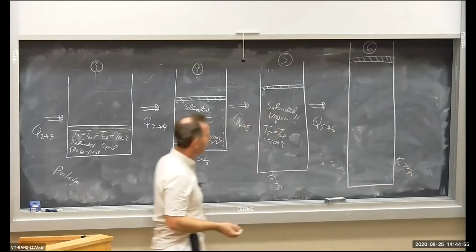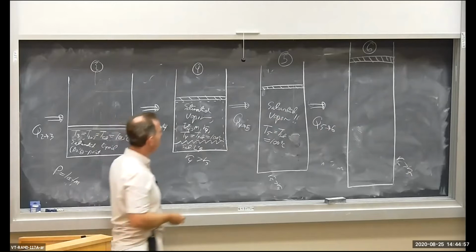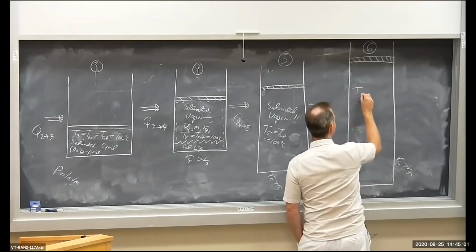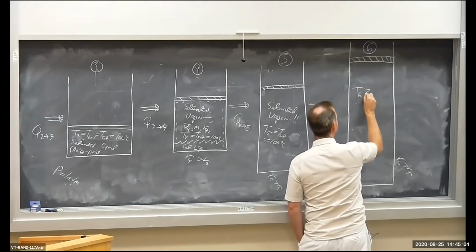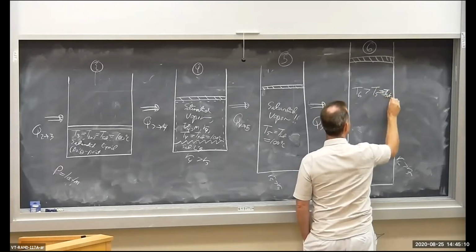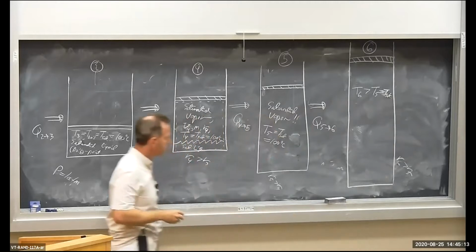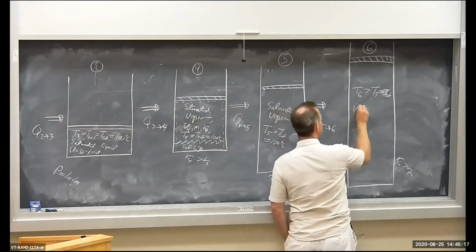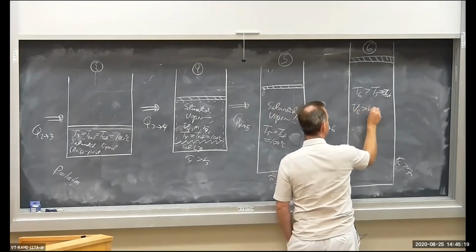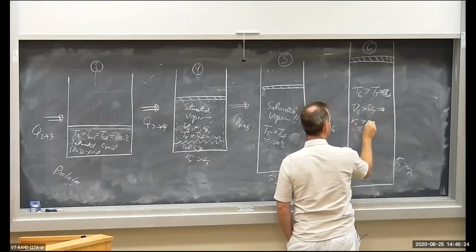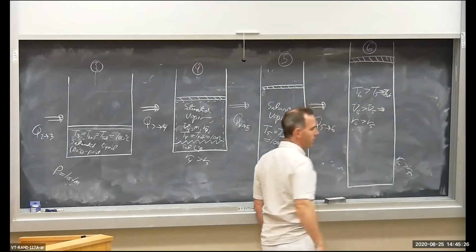We've added more heat, and so now temperature at state 6 is going to be greater than temperature at state 5, which was Tsat at 1 atmosphere. And of course, volume at state 6 is greater than volume at state 5. Hence, specific volume at state 6 is greater than specific volume at state 5.